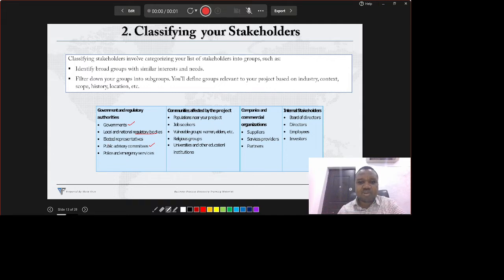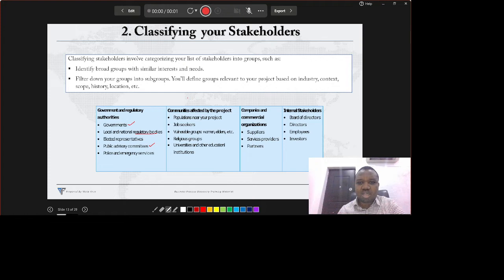So, for example, it could be, I'm undergoing a particular work within the community. So, who are those stakeholders, and how can I group them together? Company and commercial organization, and maybe other internal stakeholders. So it's very, very key. After you've identified your stakeholders, you have to put them in similar groups of needs, interests, or attributes.